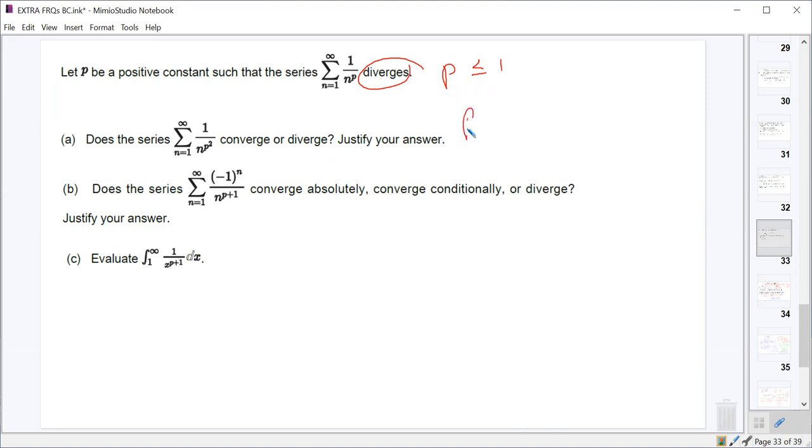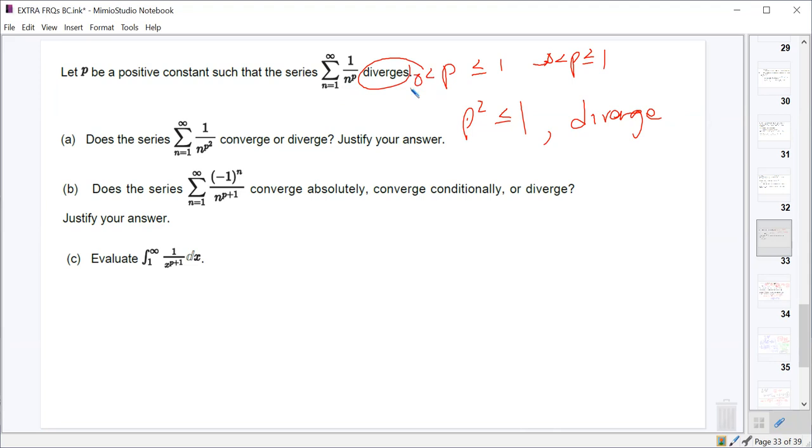And so p being less than or equal to 1, and greater than 0, means p squared is still less than or equal to 1, so it should diverge. We don't normally talk about negative p values here because that's not really 1 over n to the p. So we should just say p is greater than 0.